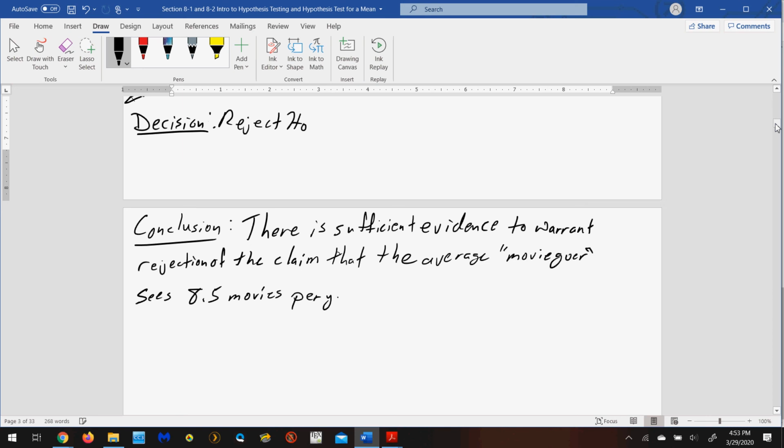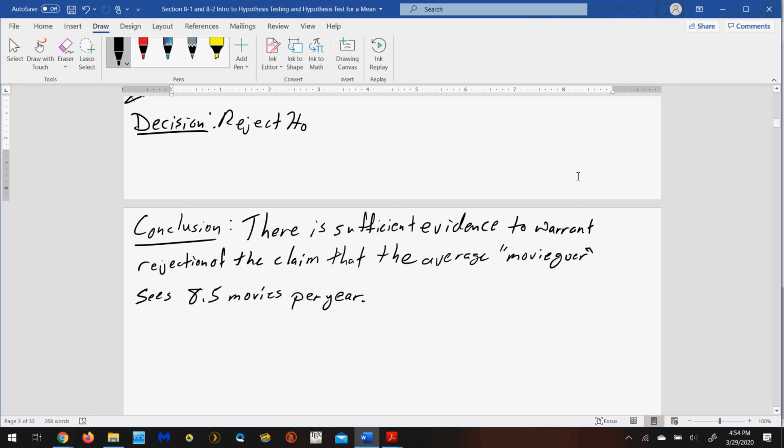Do you have to put per year? Yes, you do. Because if you don't, it could be questionable whether they see 8.5 movies a week, a day, or do they watch that many in a month? So you do need to give the details in your conclusion.